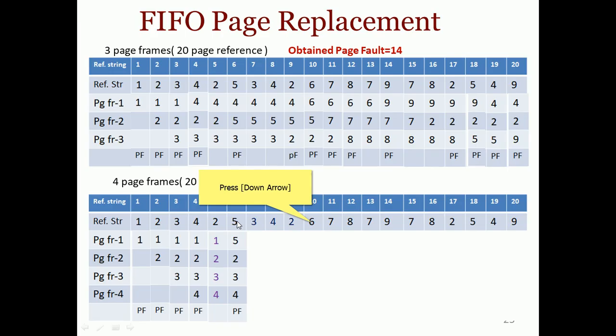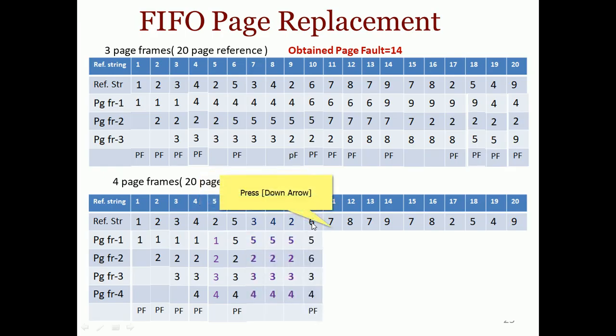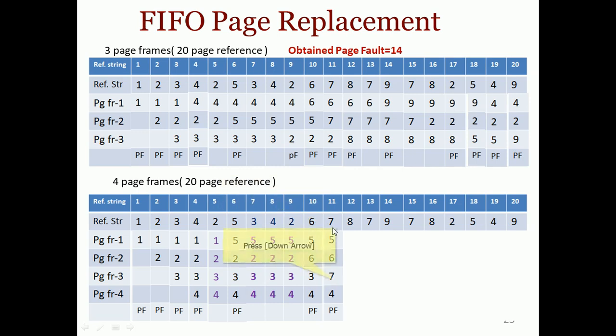The sixth page is demanded, it is not there, so we bring it and replace the oldest page, called second, a page fault. The seventh page is a new page in demand, so we bring it and replace the old page, called the third page. Next, the eighth page is a fresh page demand, so we replace the old page, the fourth page.